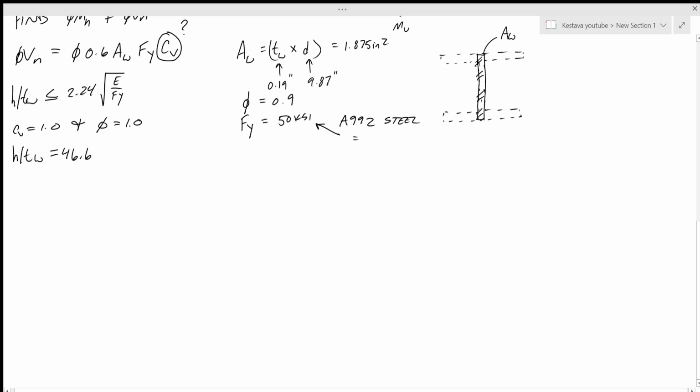And so is that less than 2.24 square root of E over Fy? Let's remember E for steel is 29 times 10 to the 6th psi. And then we have Fy above. So to make Fy and E units match, and we have a square root here, you want to bring everything into psi. That's a good rule of thumb there.